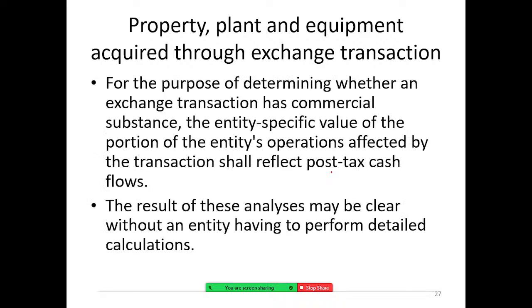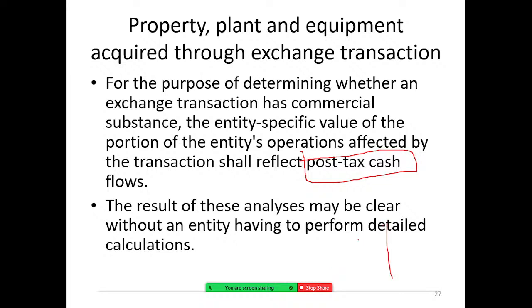For the purpose of determining whether an exchange transaction has commercial substance, the entity-specific value of the portion of the entity's operations affected by the transaction shall reflect the post-tax cash flows. Post-tax cash flows mean profit after tax. Very easy, right?